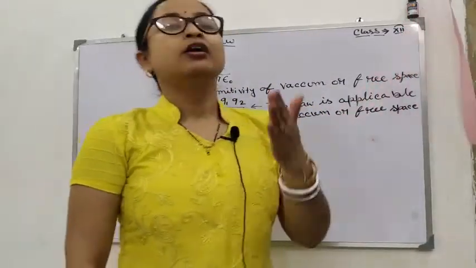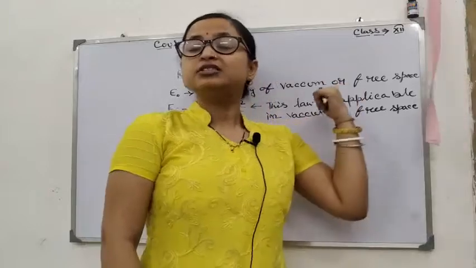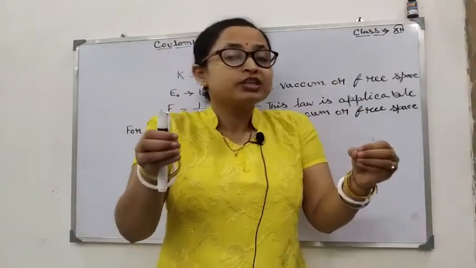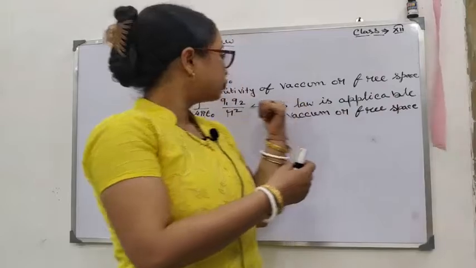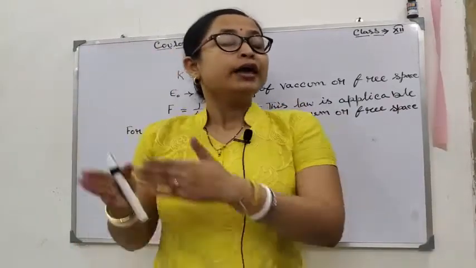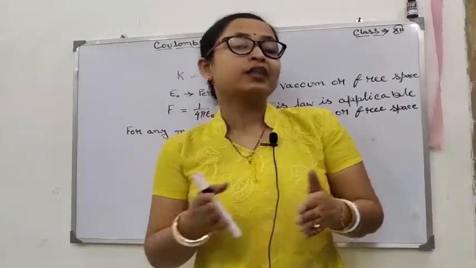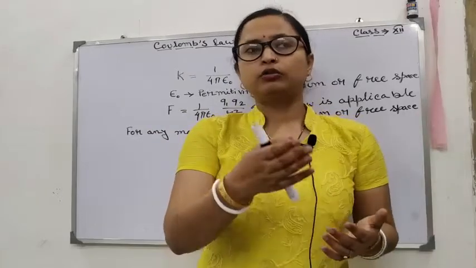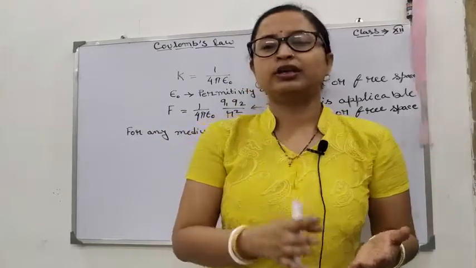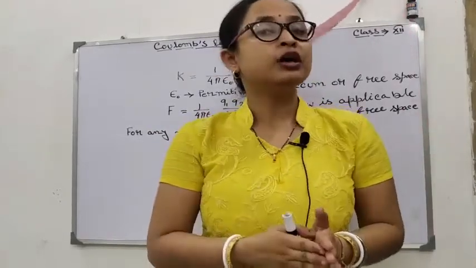Till now we have learned that whenever we place these two charges in vacuum or free space, this formula will be applicable. Now if we place these two charges in another medium, for example water or oil, some oil, kerosene or any other oil, then what will be the force?